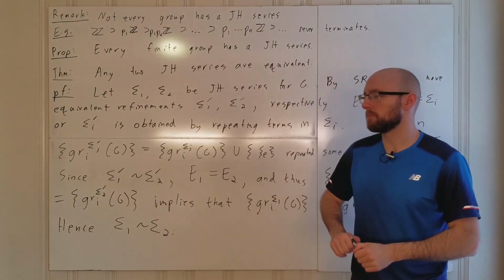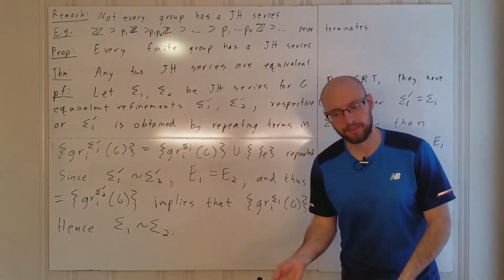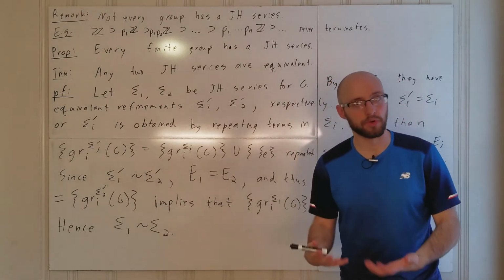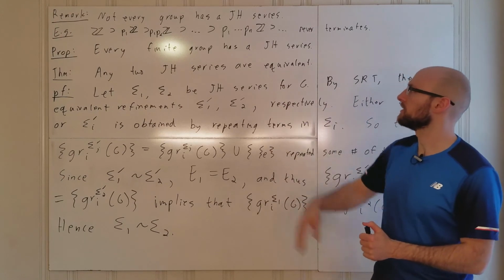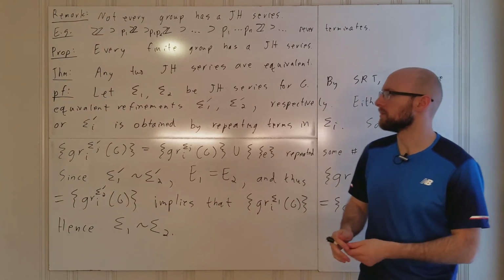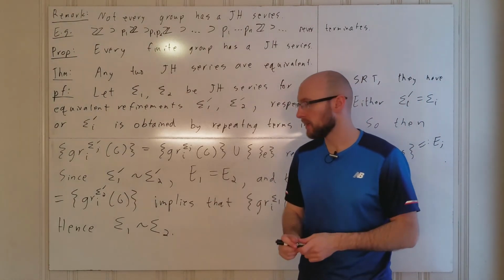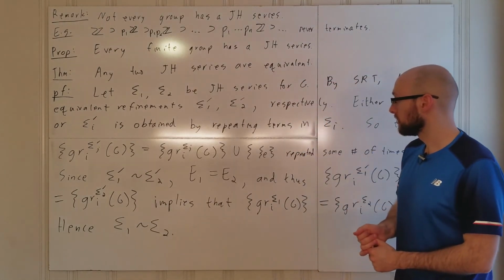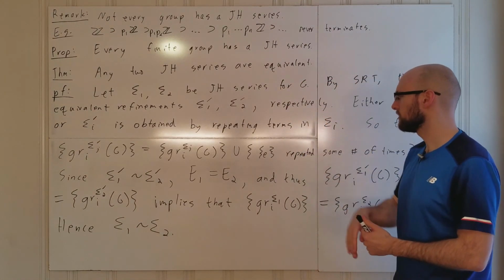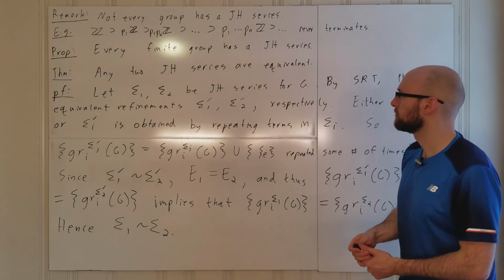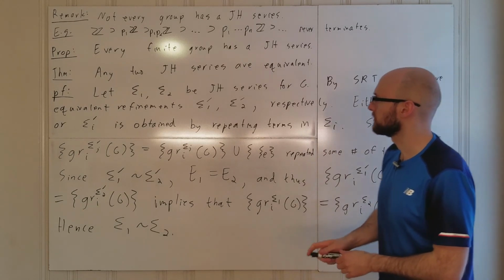And so if you know the graded pieces are simple, then you have a lot to work with. And we saw that in a lot of the stuff that we've done, we use the simplicity a lot. But anyways, regardless of that preference, we have this proof that any two Jordan-Holder series are equivalent.